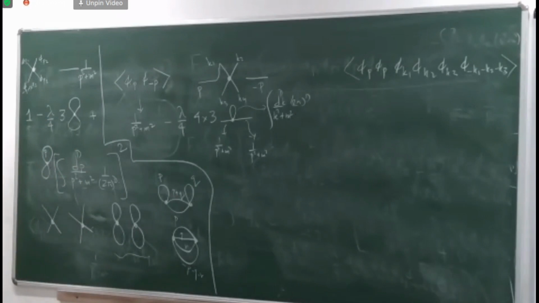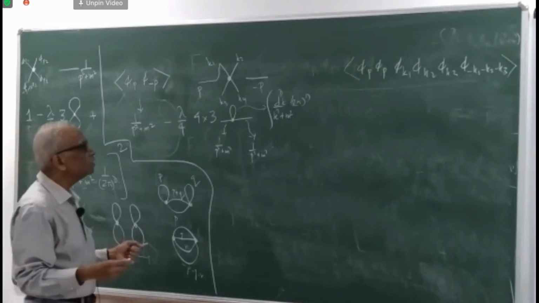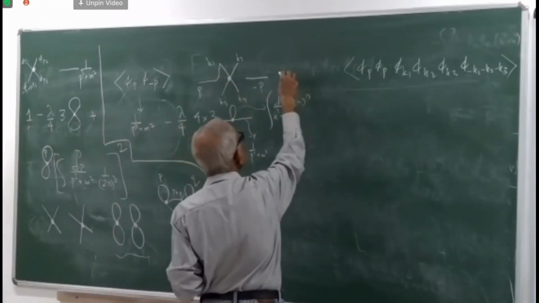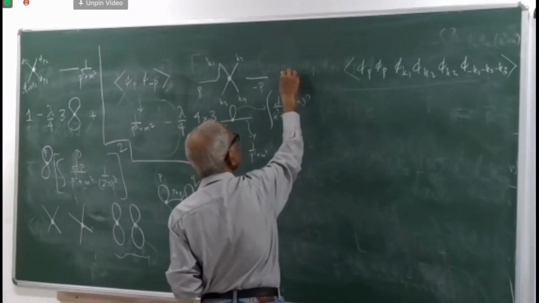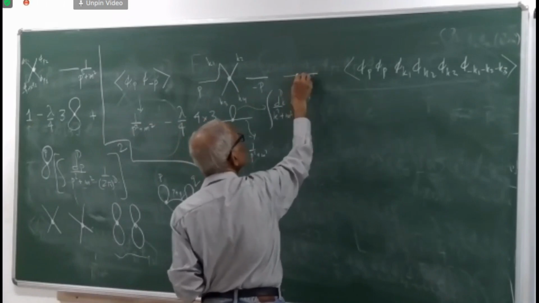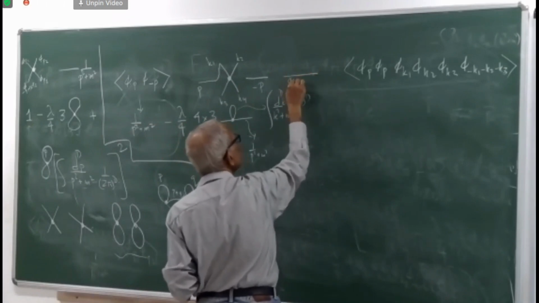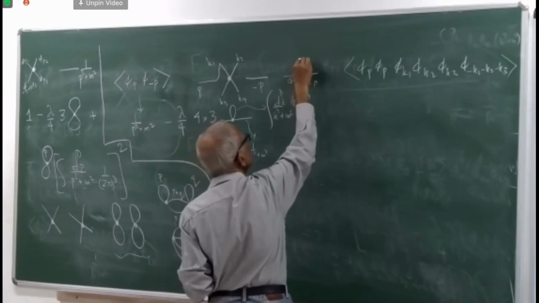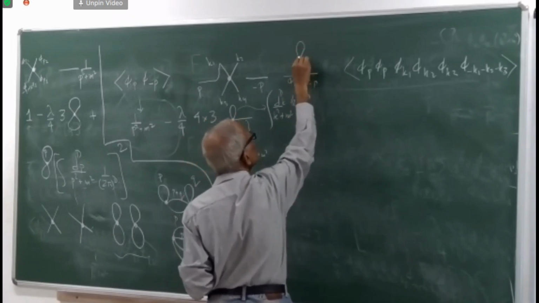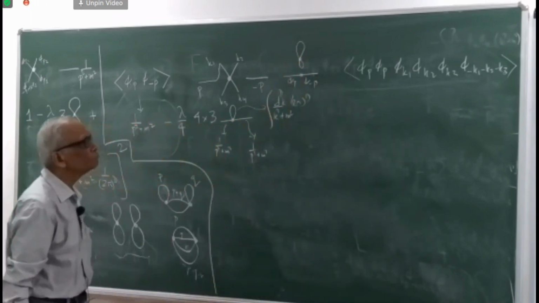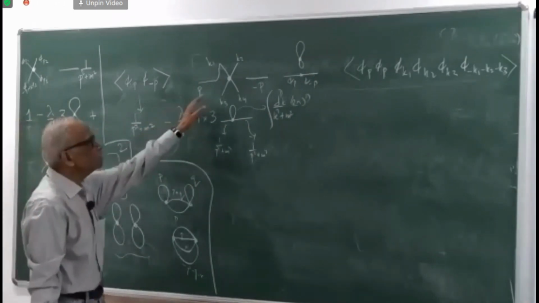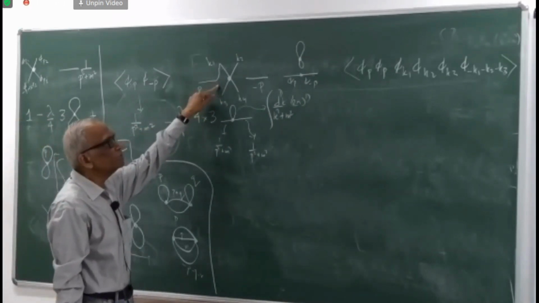But then I could have done the other thing. So I have gone here, but I could have gone phi p, phi minus p. So phi p could have connected to phi minus p, and then I would have this over here. So there are 2 kinds of diagrams at this stage.